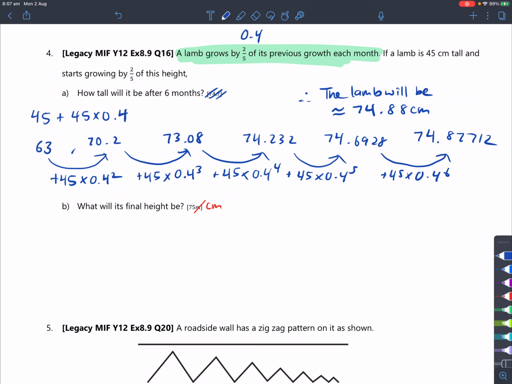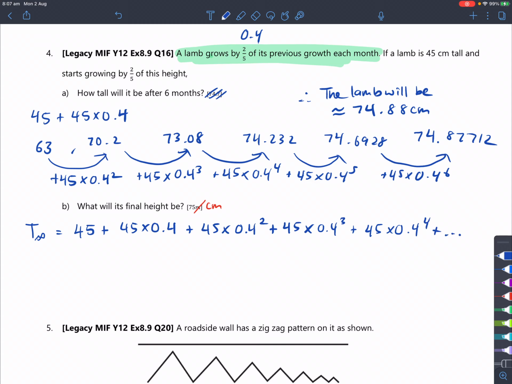So let's start by writing T of infinity first of all, which will be 45 plus 45 times 0.4 plus 45 times 0.4 squared plus 45 times 0.4 cubed plus 45 times 0.4 to the power 4, and so forth.